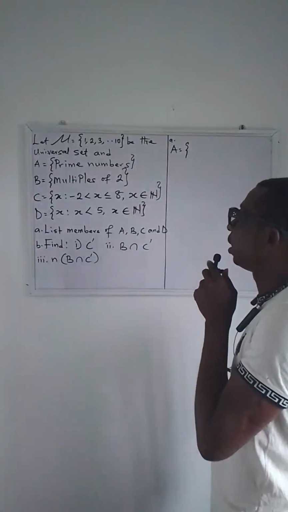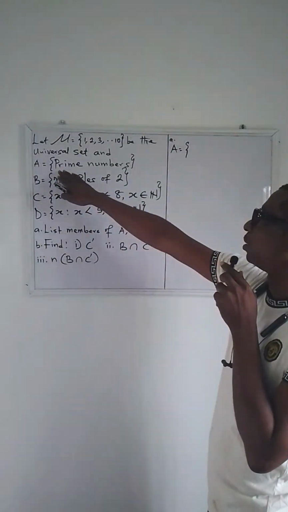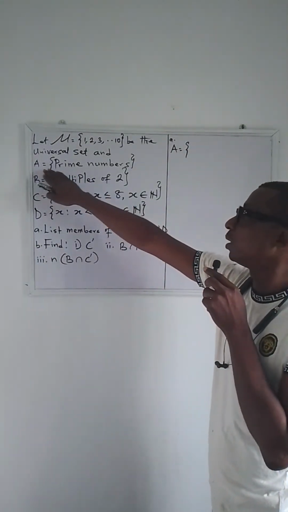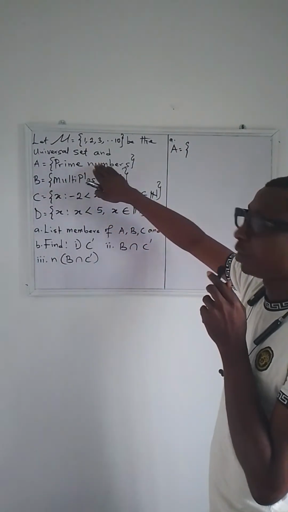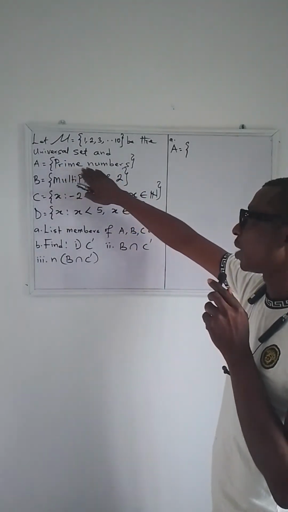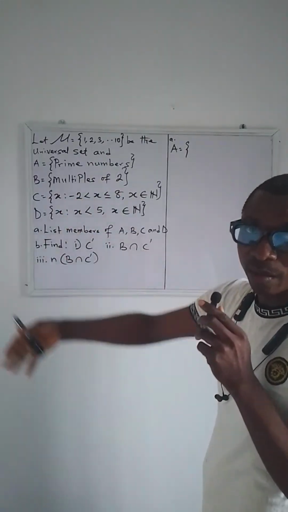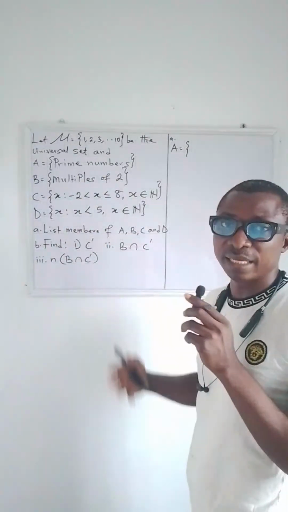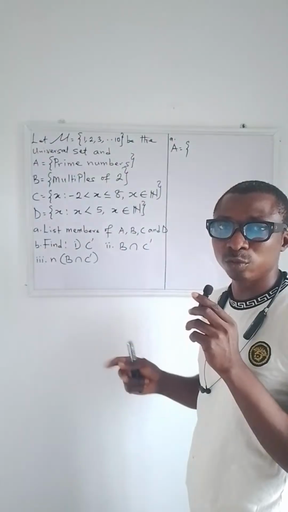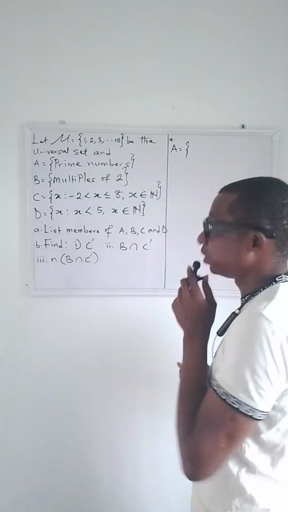Now let's look at the first set. We have A being the set of prime numbers. The question I ask myself is this: what are prime numbers? Prime numbers are natural numbers that have only 2 distinct divisors.